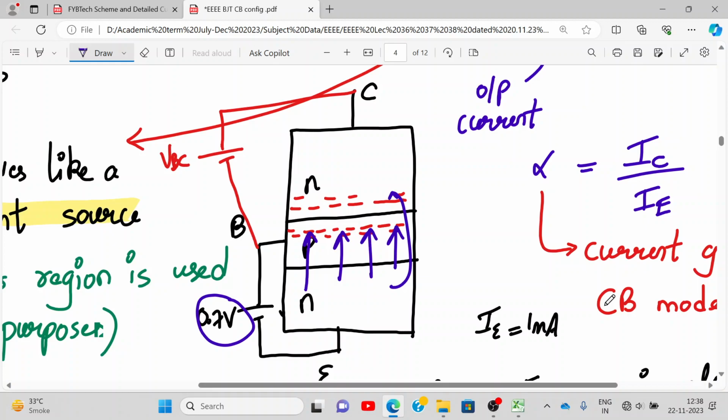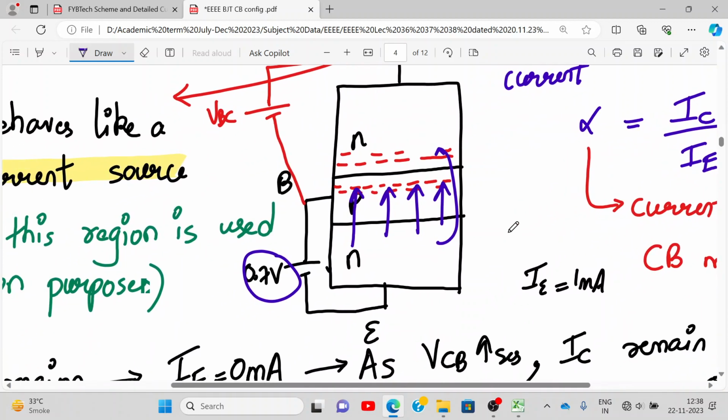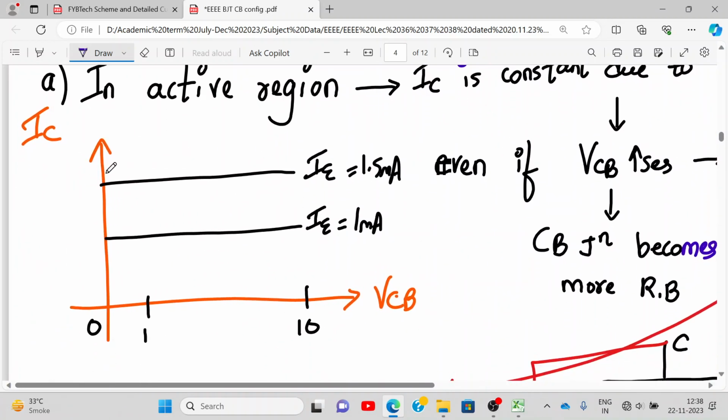If it is 1 lakh, then 99,000 carriers have reached the collector and they are contributing to the current flow. Only 1000 are recombined in the base. And that number keeps on reducing. If you increase the value of VBC more, out of 1000, only 500 will recombine at the base. That's why we say that the current remains almost constant. You have understood now, at least, why the current is almost constant.